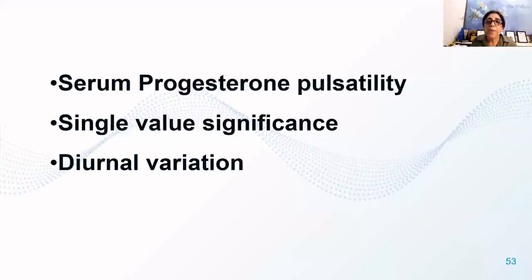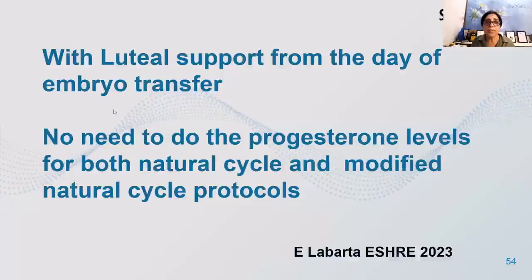But when we are doing a natural cycle or a modified natural cycle, the progesterone is endogenous. So we know the pulsatility is there. So serum progesterone pulsatility has to be kept in mind. A single value has no significance. And there is a diurnal variation of the endogenous progesterone.